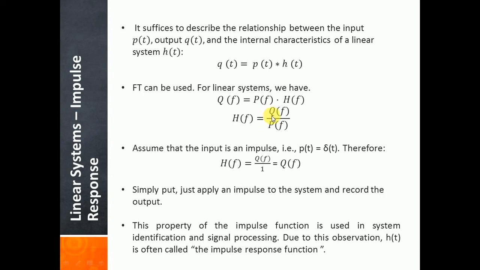Now if we replace the input p of f with an impulse, which is delta t, the Fourier transform of that is 1. And what you see here is that h of f becomes the q of f in the presence of an impulse. In other words, if you really want to see how a system behaves, you just look at the impulse response.